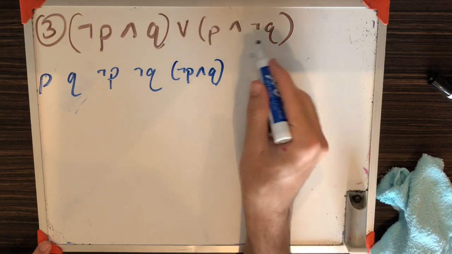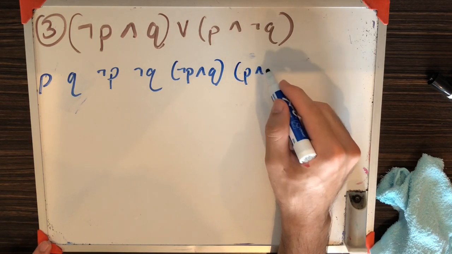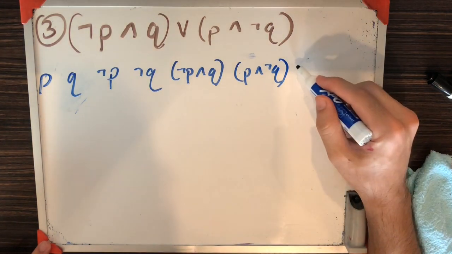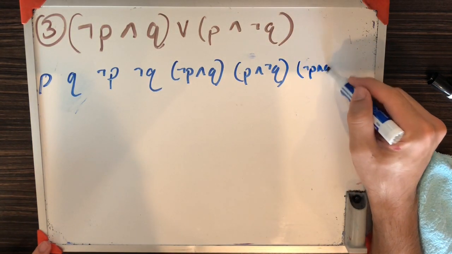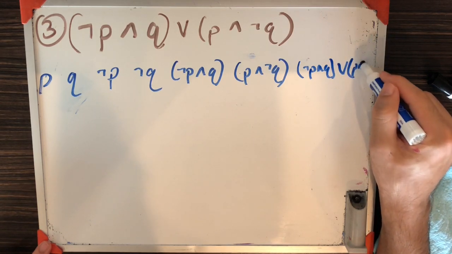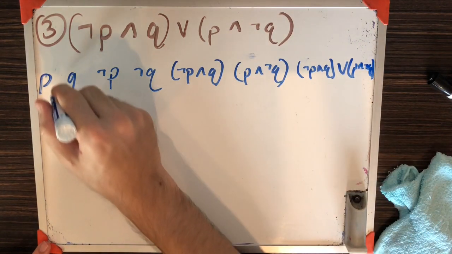We have P and negate Q represented, so again, make sure you represent that. And then finally, this whole statement, which is negate P and Q, or P and negate Q. All right, let's split this up a little bit.